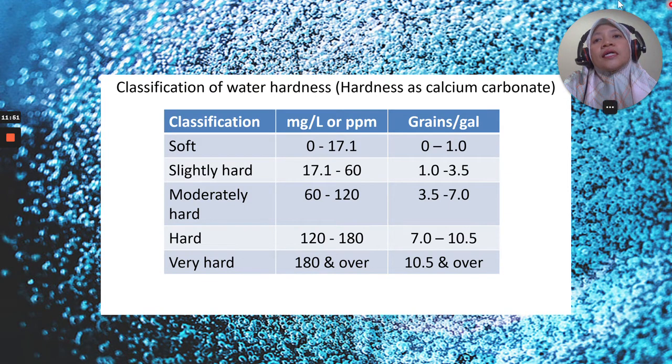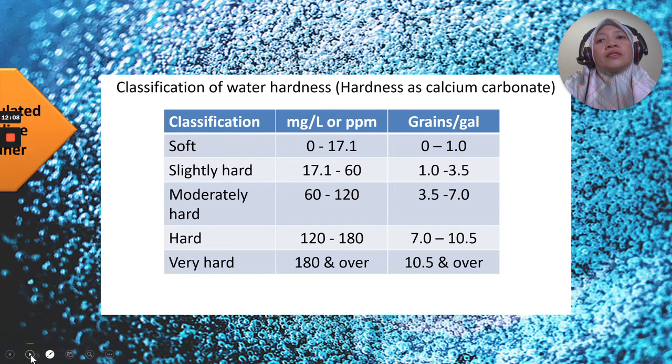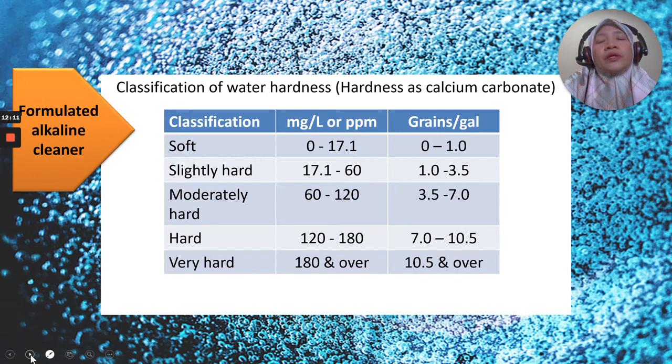The standard classification is given in this table, and if hard water is used, generally what the industry will do in order to reduce the effect of hardness is use a formulated alkaline cleaner, which has an agent that can reduce the hardness, such as calcium chelate or sequestering compounds.